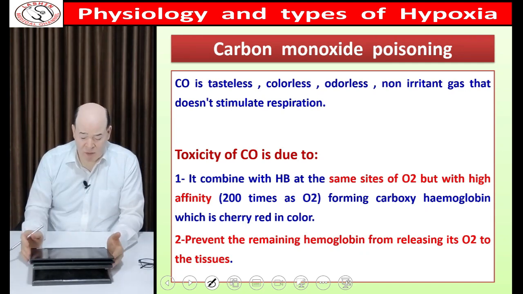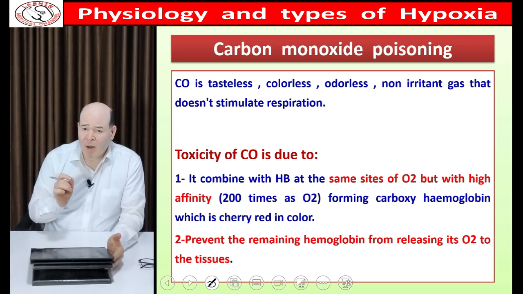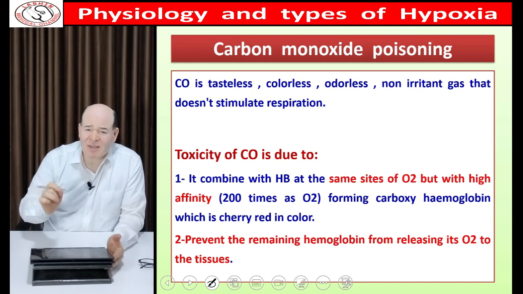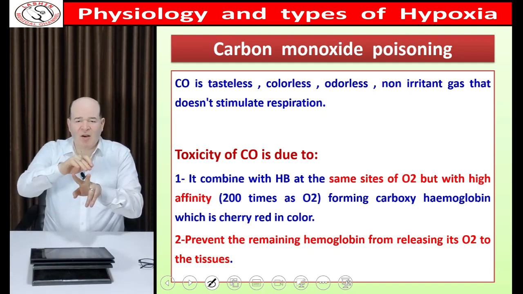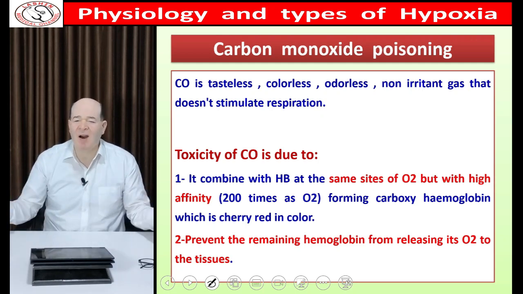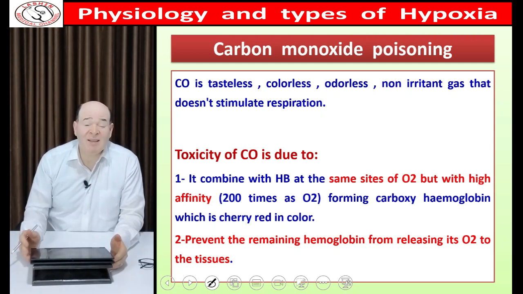The toxicity of carbon monoxide is because it combines with hemoglobin at the sites of oxygen carriage, but with an affinity about 200 times better than oxygen. So if oxygen and CO are present, CO will occupy the sites of oxygen and prevent oxygen binding to hemoglobin.